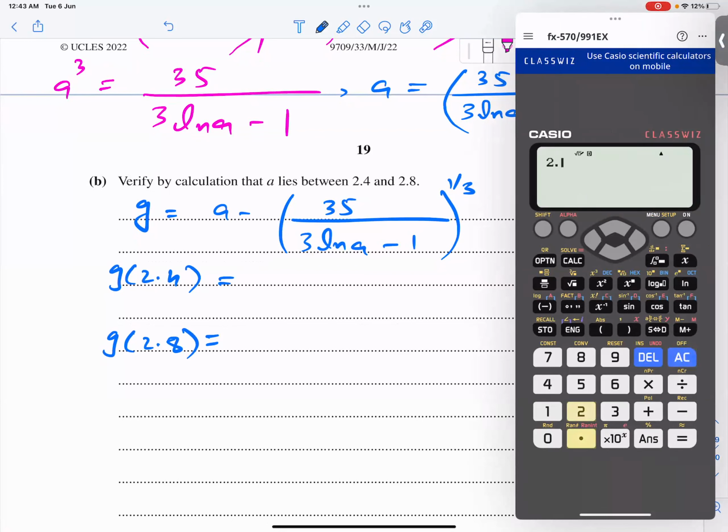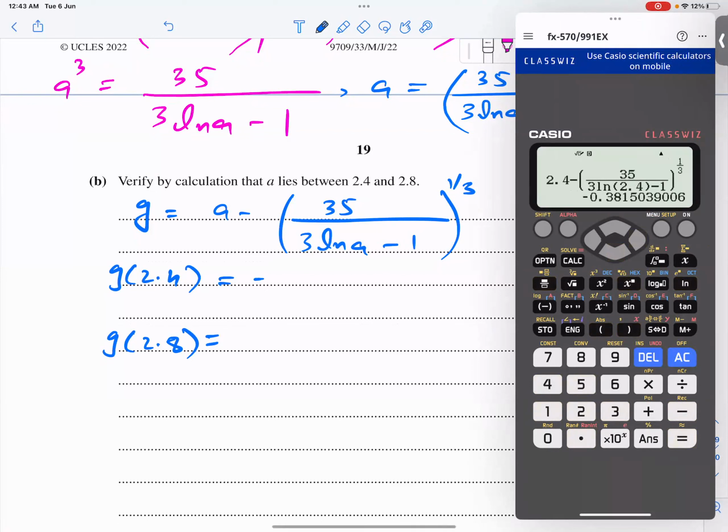So 2.4 minus bracket fraction 35 divided by 3 ln of 2.4 bracket close minus 1 whole bracket power 1 divided by 3.